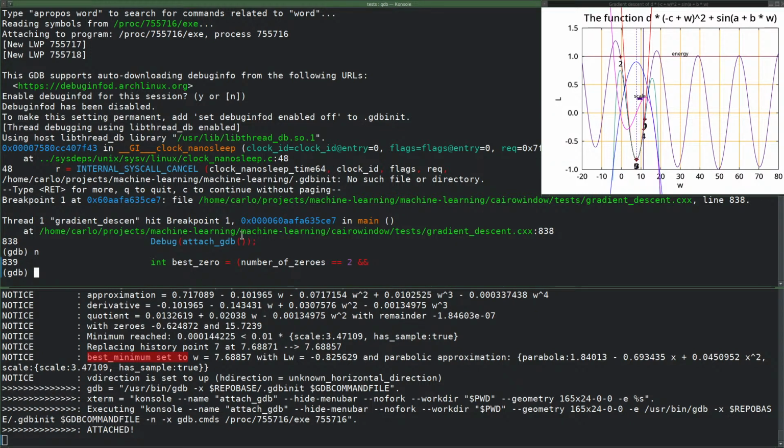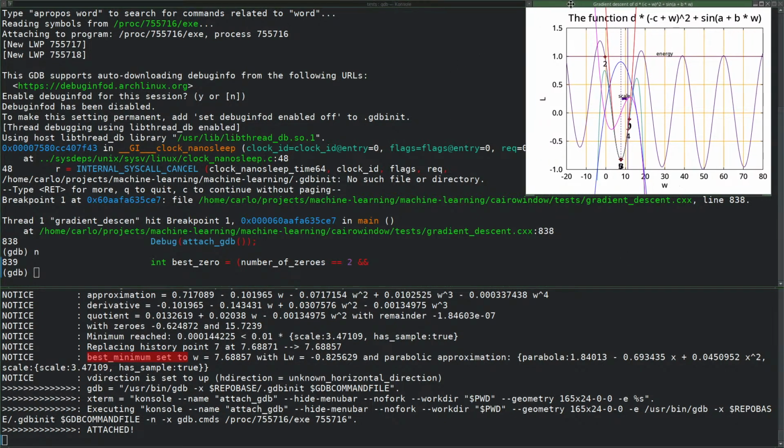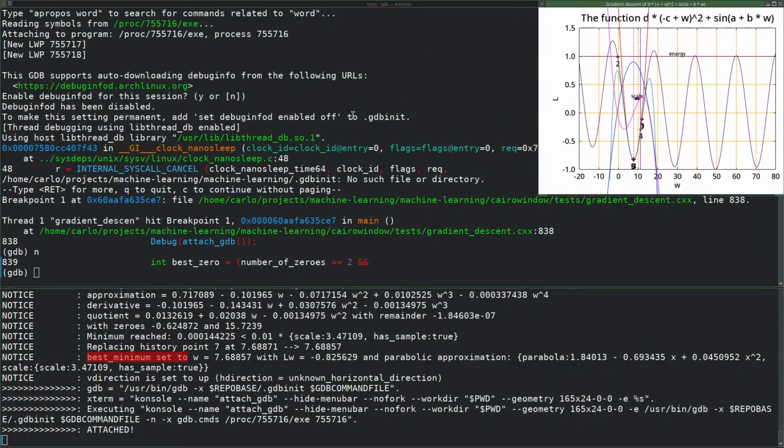Yeah, I understand now. It's being redrawn because that's done in a different thread. So we're debugging this thread, but the other thread just got a signal from the X server that it needs to be redrawn because another window has been covering it, so it's got an expose event. Okay, so next is best zero is blah blah blah.